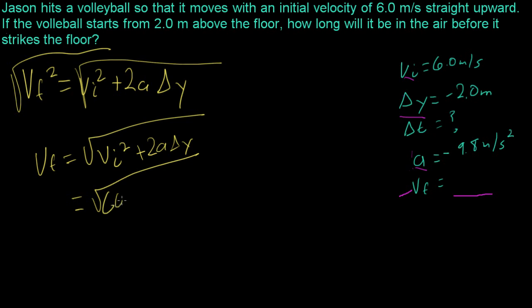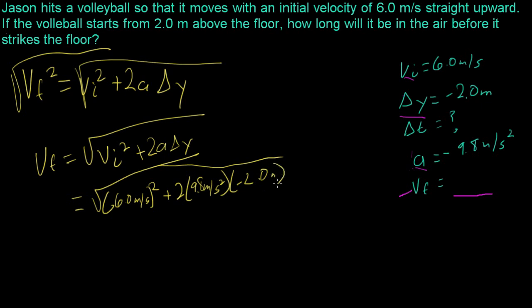So it's going to be 6 meters per second, squared, plus 2 times 9.8 meters per second squared times delta y, so times negative 2 meters.